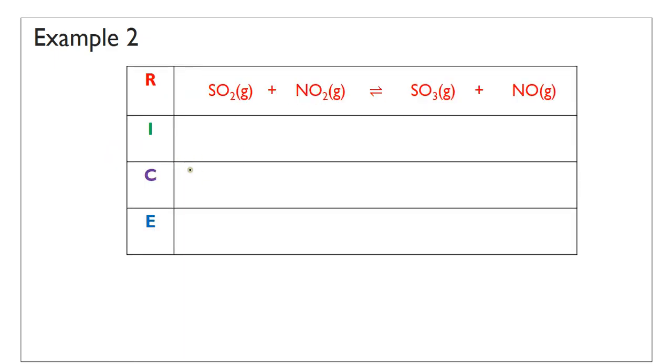So we have 0.025 and 0.035. Now you can write the unit next to every number. I tend to just put 1 here, so this is just for me to know that the unit that I'm recording is mole per liter. So these are initial concentrations, and these are equilibrium concentrations.